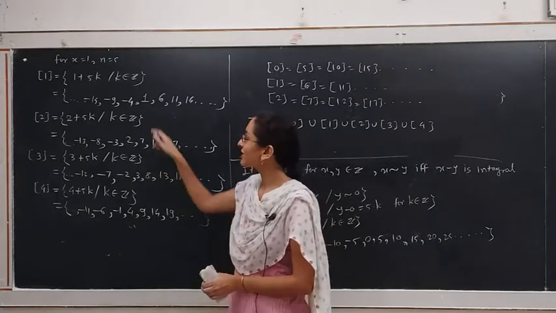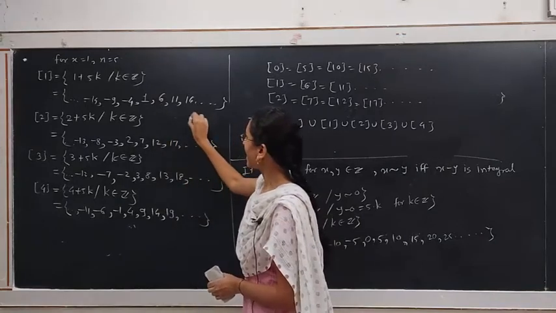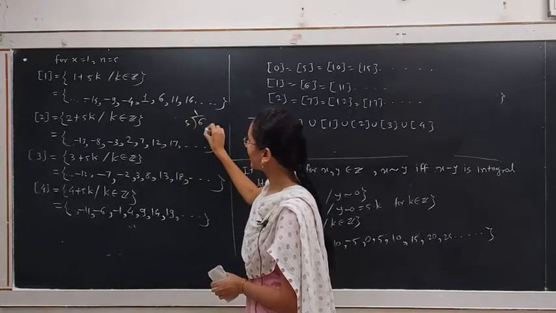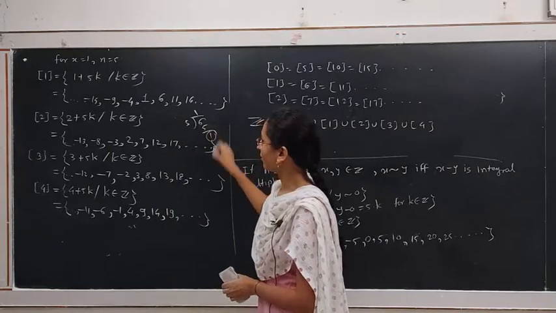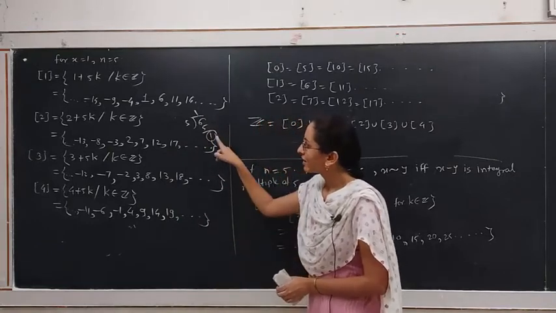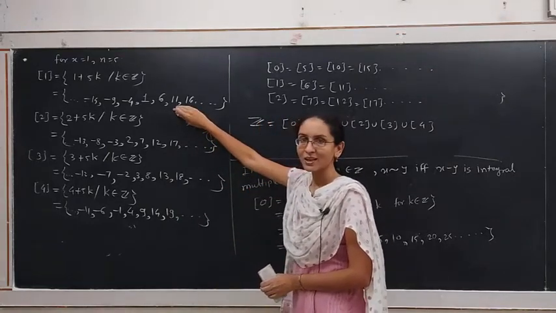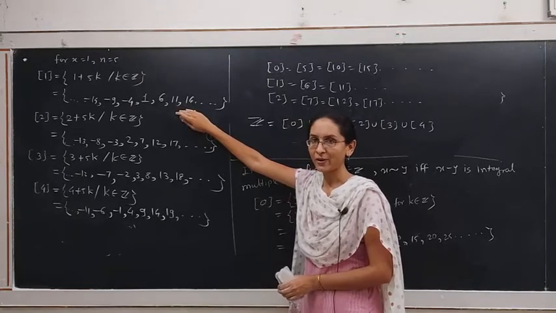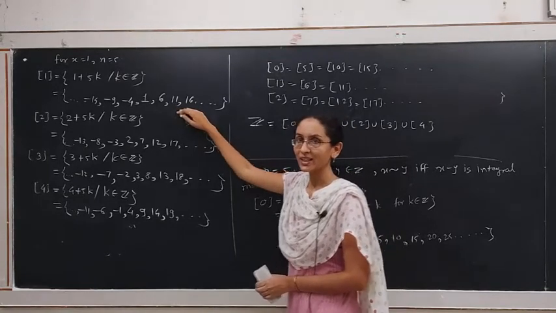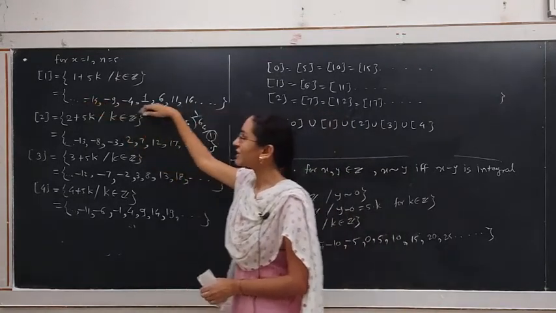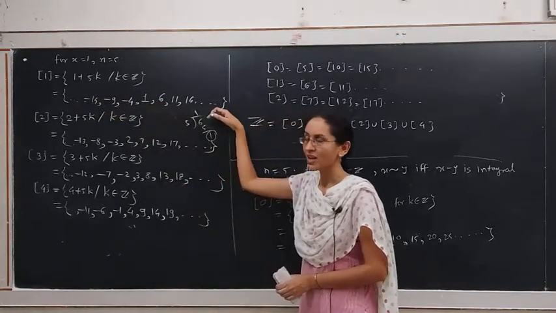If we divide integer 6 by 5, the quotient is 1 and the remainder is 1. Hence all those integers which leave remainder 1 when divided by 5 belong to the equivalence class of 1.